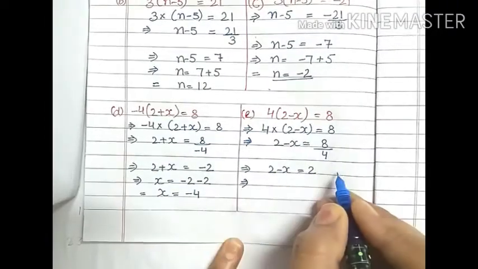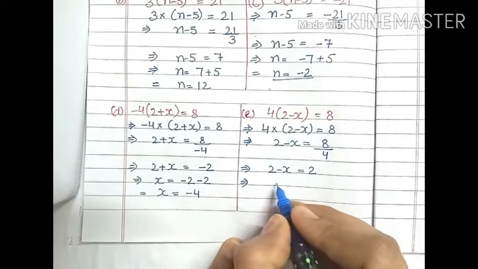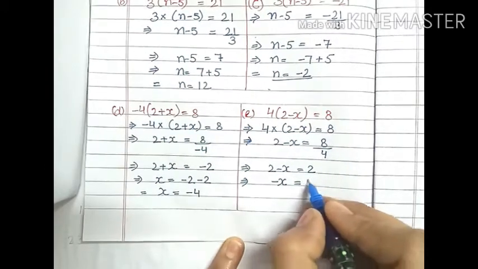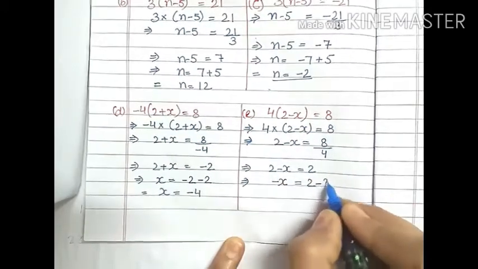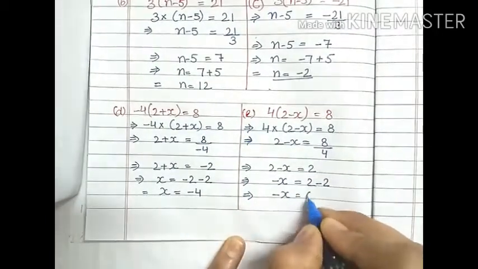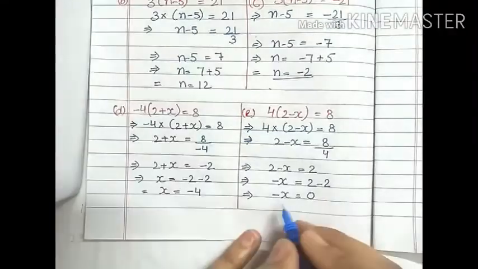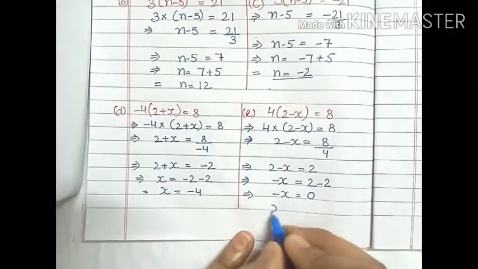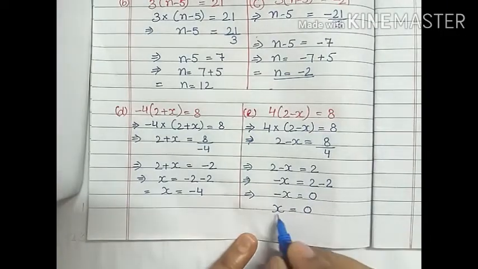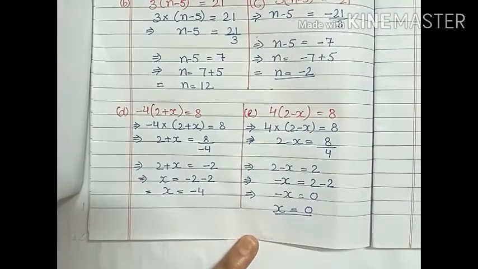Now we will transpose this 2, but because there is minus x, we will keep it the same, and this 2 will become minus 2. So what will come? 2 minus 2, that is 0. So if minus x is 0, then it means x is also 0. So this is the solution of E part.